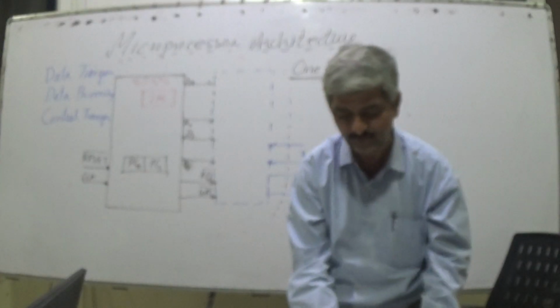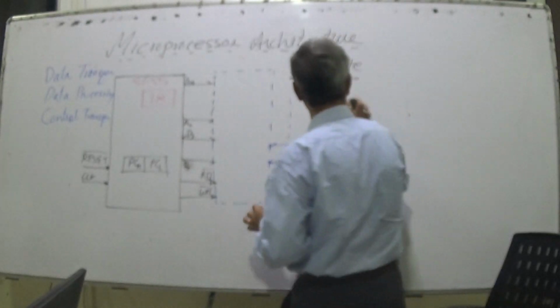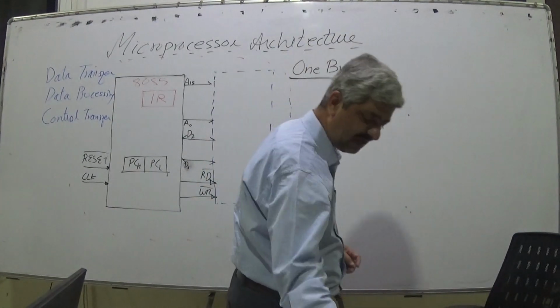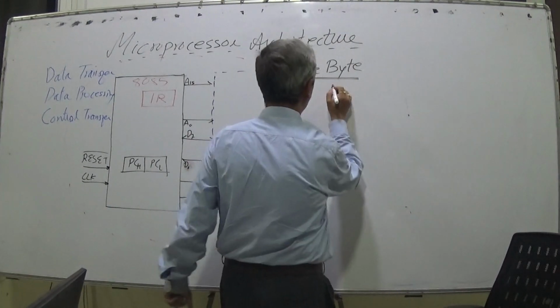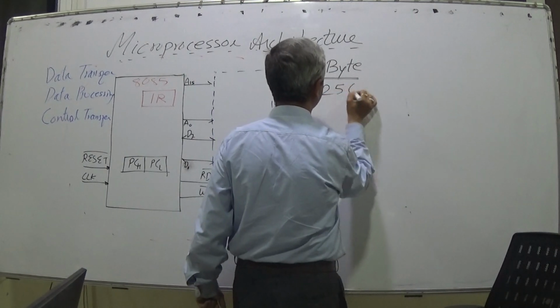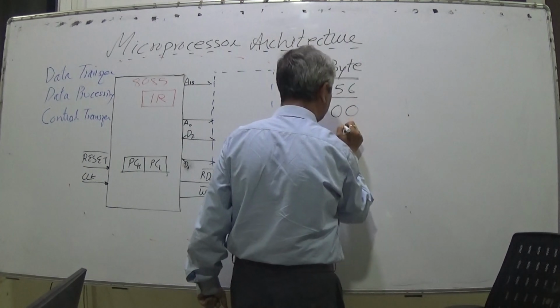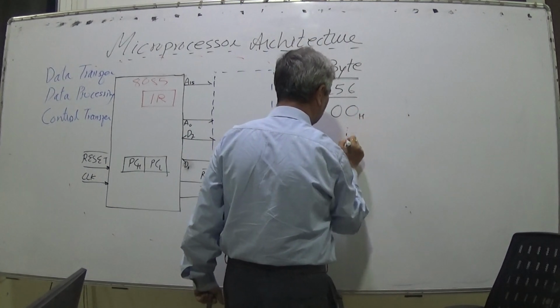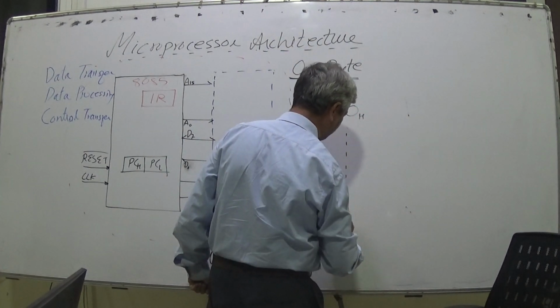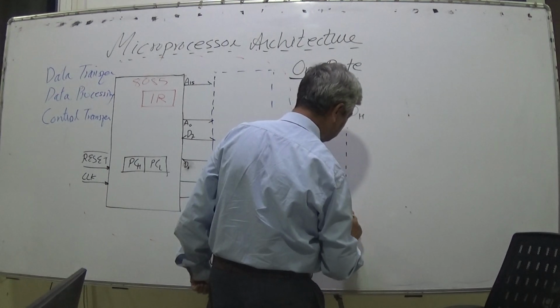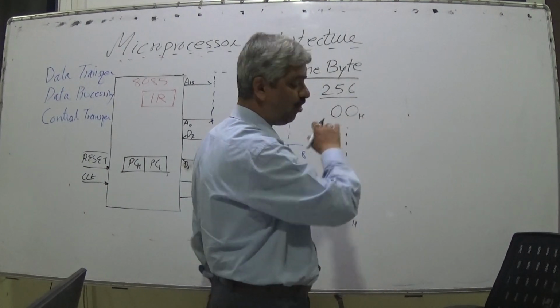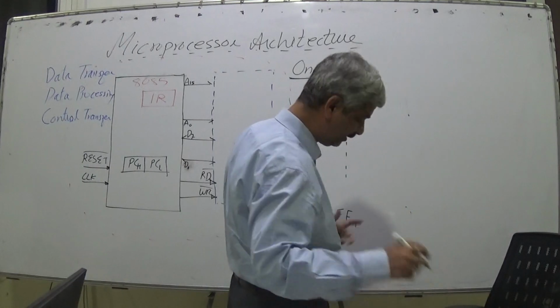One byte has 256 combinations, from 00H to FFH in hex, or I can write all zeros. That is one way to write.